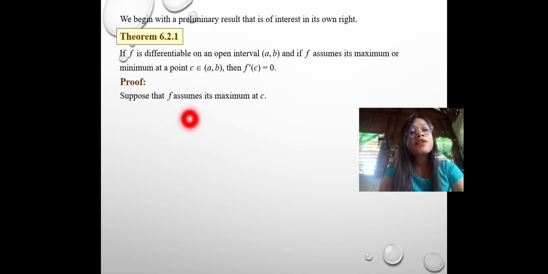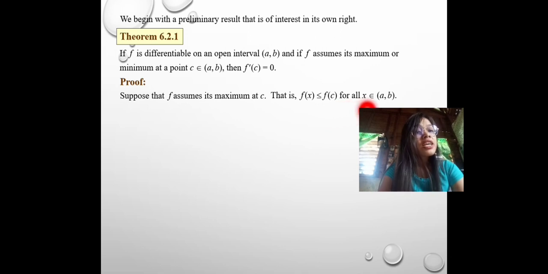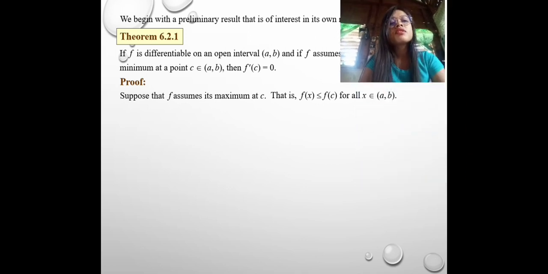Suppose that f assumes its maximum at c. That is, f of x is less than or equal to f of c for all x in the interval (a, b). This is the function f.